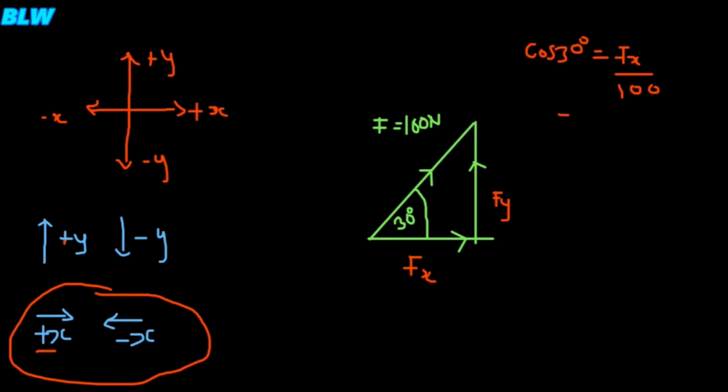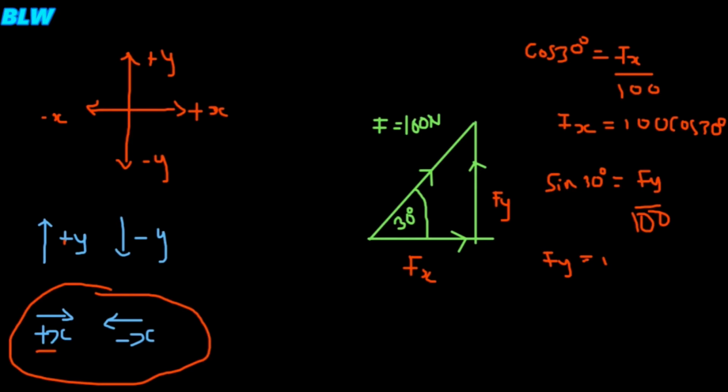So the x component of this force, Fx, will be equal to 100 cosine of 30 degrees. Do the same for the y part also. The y is opposite, so we can say sine of 30 degrees equals opposite, Fy, over hypotenuse, which is 100. So the y part will be Fy equals 100 sine of 30 degrees. So that's how to go about this.